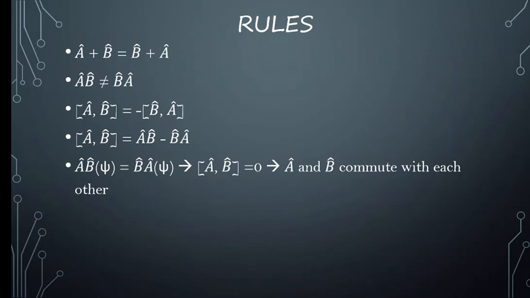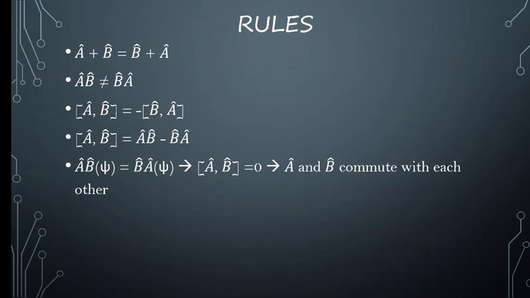And from the above equation we can say when A cap B cap minus B cap A cap is equal to 0, the inner product of operator A and operator B will be equal to 0. For such a condition, we say that operator A and operator B commute with each other. So it is one of the rules which we study in the commutation law.